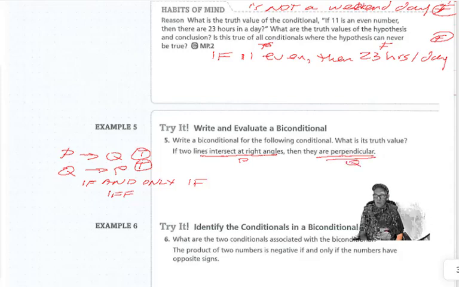Now I want to write this as a biconditional, so I'm going to use if and only if. So I could say two lines intersect at right angles if and only if they are perpendicular.